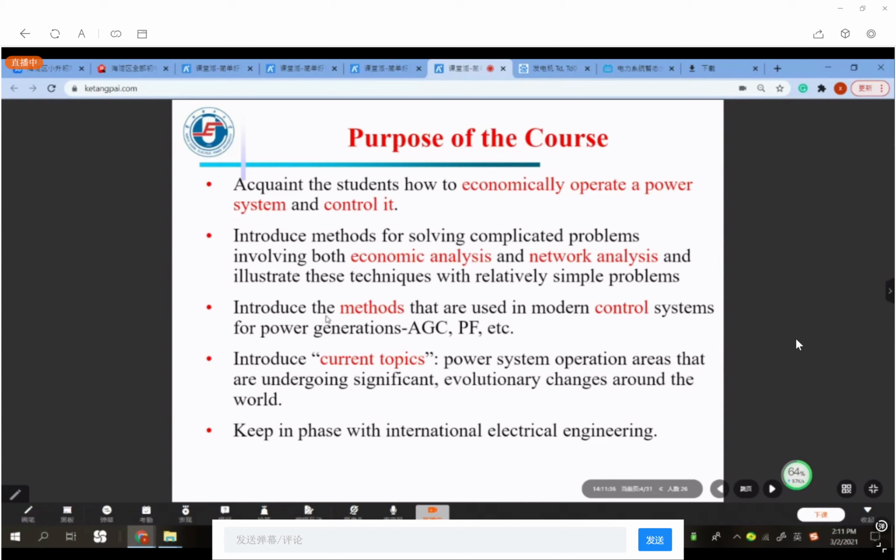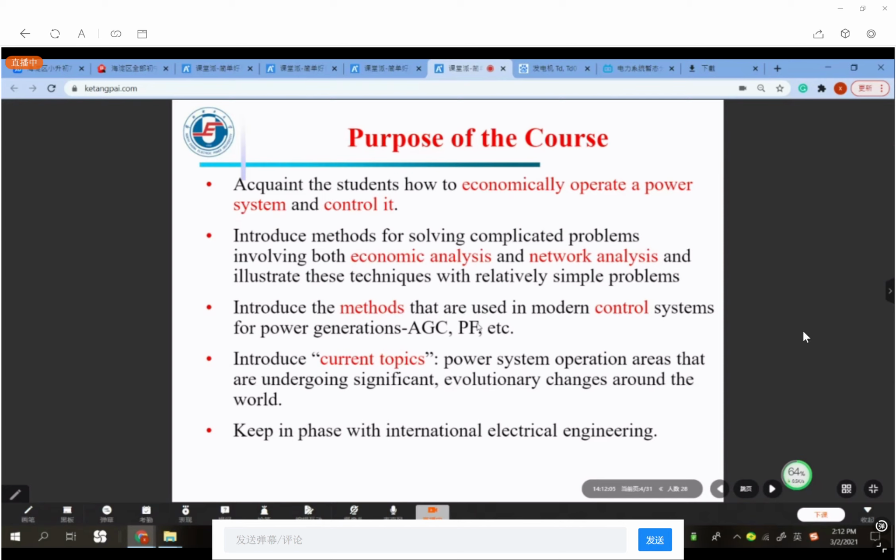Also, I will introduce AGC, that means automatic generation control, to maintain the system frequency and operate it near the rated frequency. For example, in China, the rated frequency is 50 Hz. And if there is an active power imbalance, the frequency will deviate from 50 Hz.